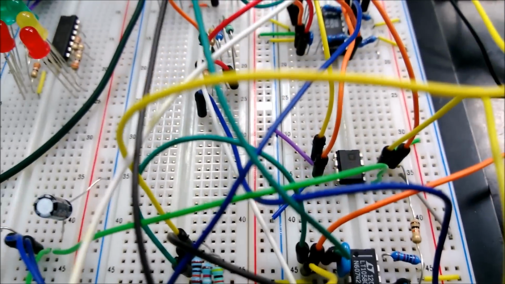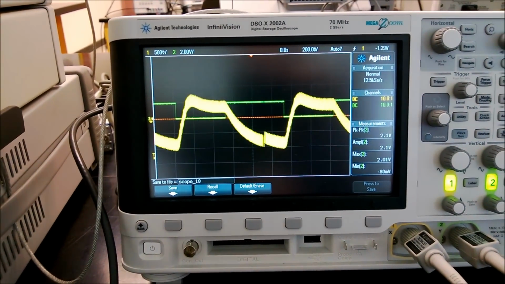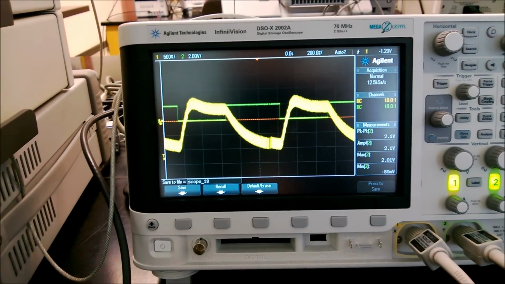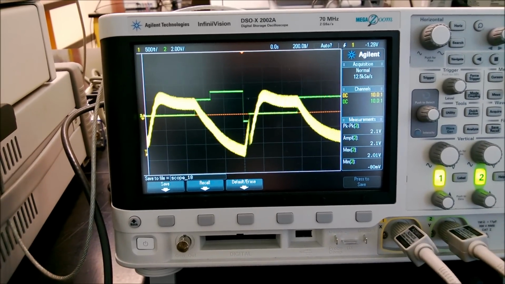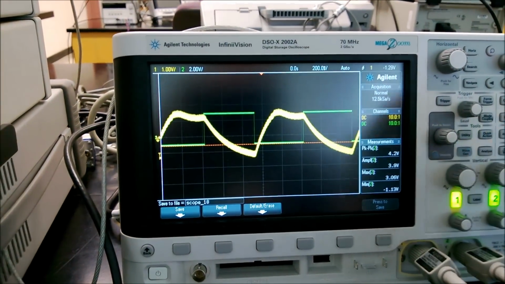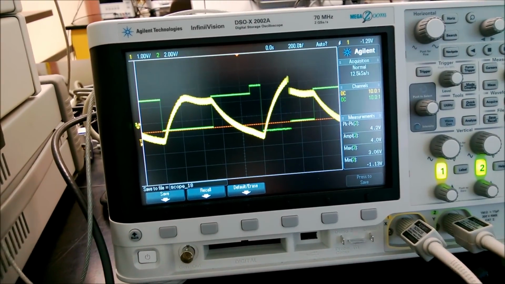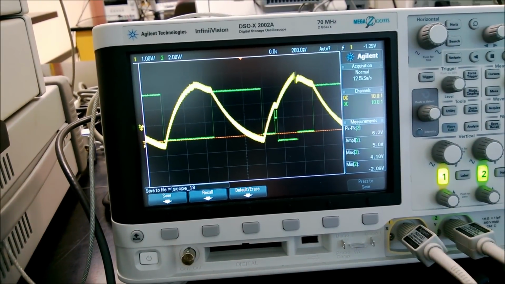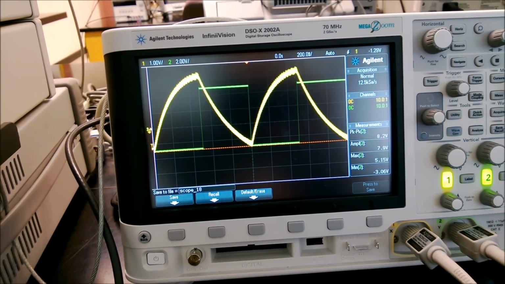This is how it looks when it's scaled properly and not in its bursting mode. As we increase it to 2 volts, of course the scale gets bigger, so let's adjust that. And then when we increase to 4 volts, we see what we ended up with previously.